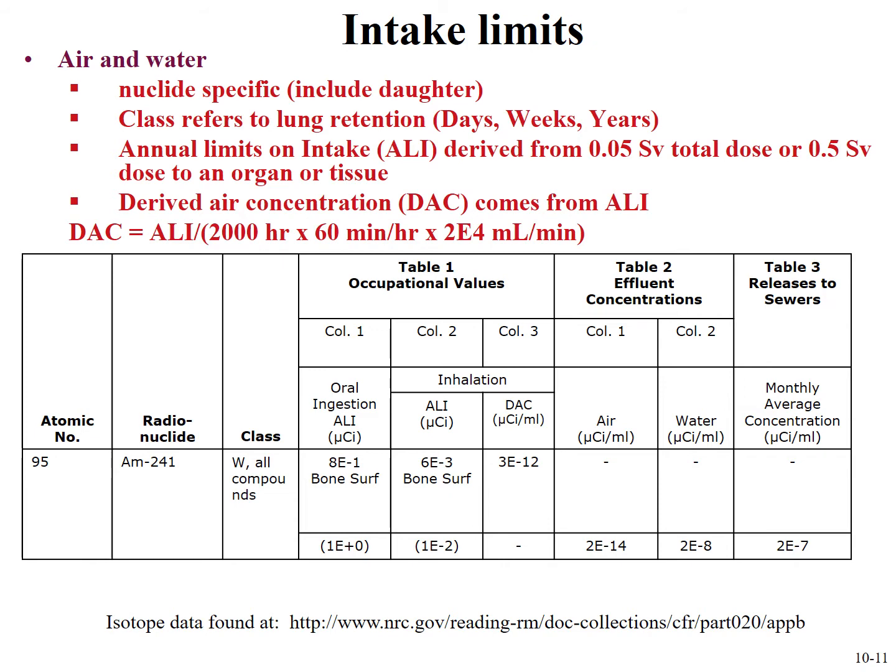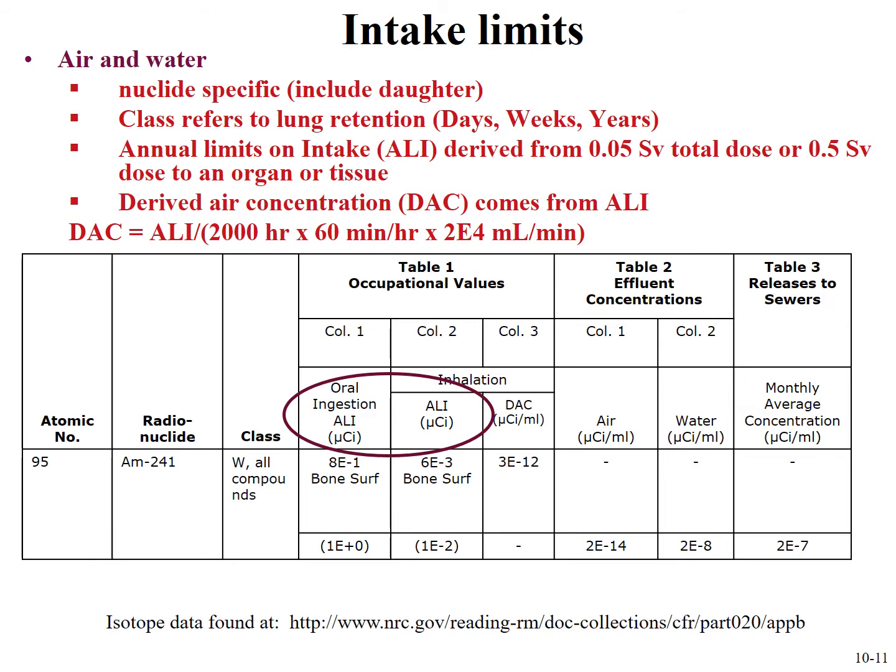There are two data sets one needs to evaluate. The annual limit on intake is derived based upon a dose received of 0.05 sievert from a given radionuclide. The ALIs, as they're called, the annual limit on intake, is listed here.